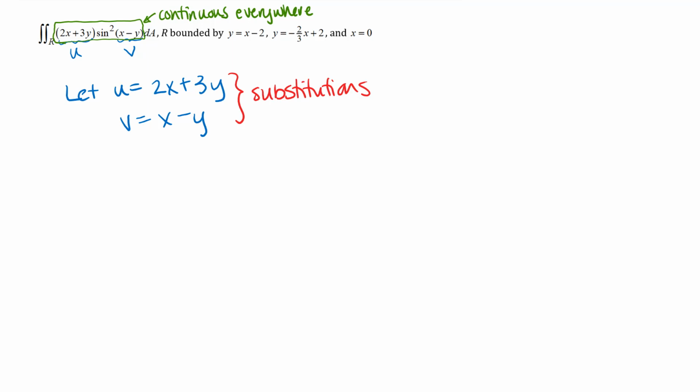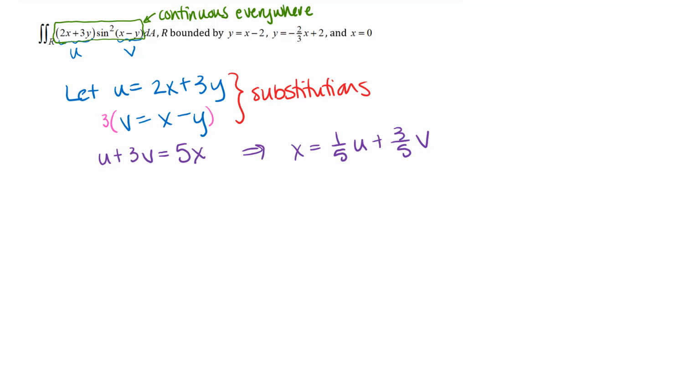So you just basically need to do some algebra and solve this system of equations for x and for y. There are several different ways you can do that. I'm going to notice that I could multiply this second equation through by 3, and then I will get a new equation that eliminates y and just involves x, u, and v. So I would have u plus 3v equals 5x. And then I can solve that for x. Right, so there's one of my equations in my inverse substitutions.